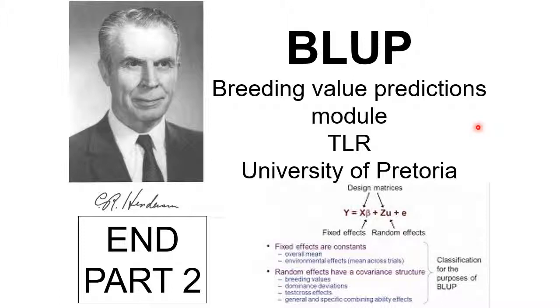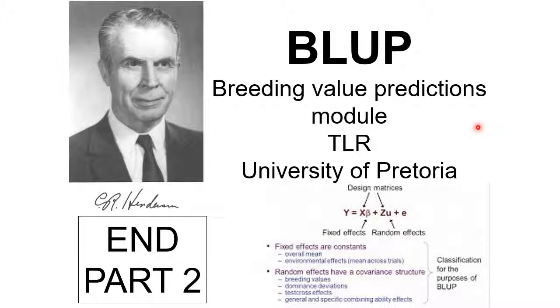Once we have constructed that, we need to get the inverse of our coefficient matrix, and that is then multiplied by our right-hand side, and then that will give us a new column vector with the same number of rows as the number of levels of the fixed effects, and also each animal will be represented in a row. And that will be our solutions.